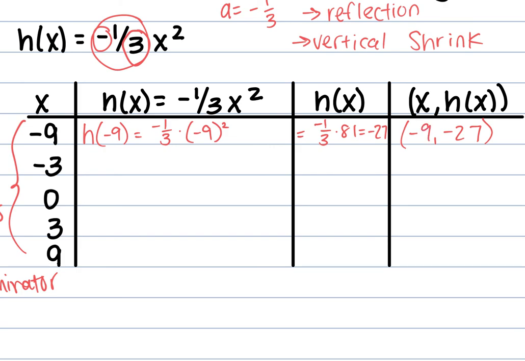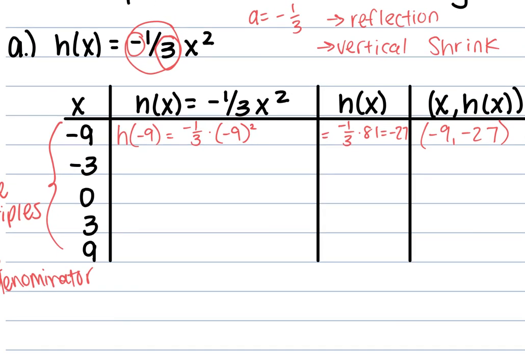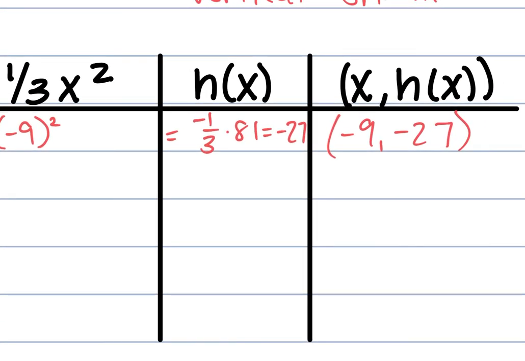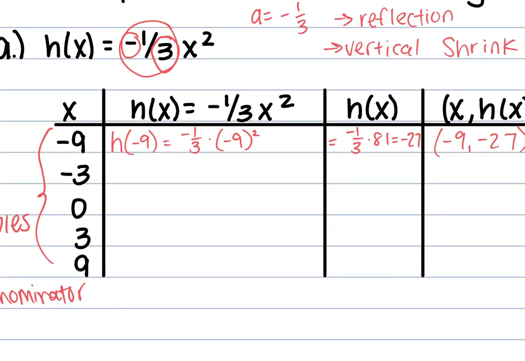All right, who can do the next one for me? -3. Wait, how is it 27? 81 divided by 3. Who can do the next one? Come on. Bryson, go for it.